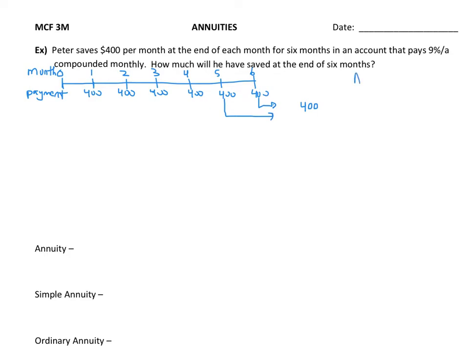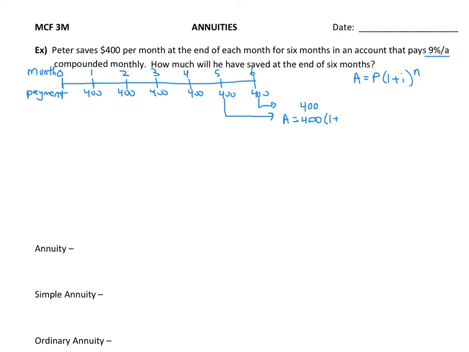And remember, to calculate the amount an investment was worth using compound interest, it's this formula here, A equals P(1 plus i) to the n. Now, it's compounding every month, so this $400 payment here, its amount starts out at $400, but it has 1 compounding period's worth of interest to add on to that.